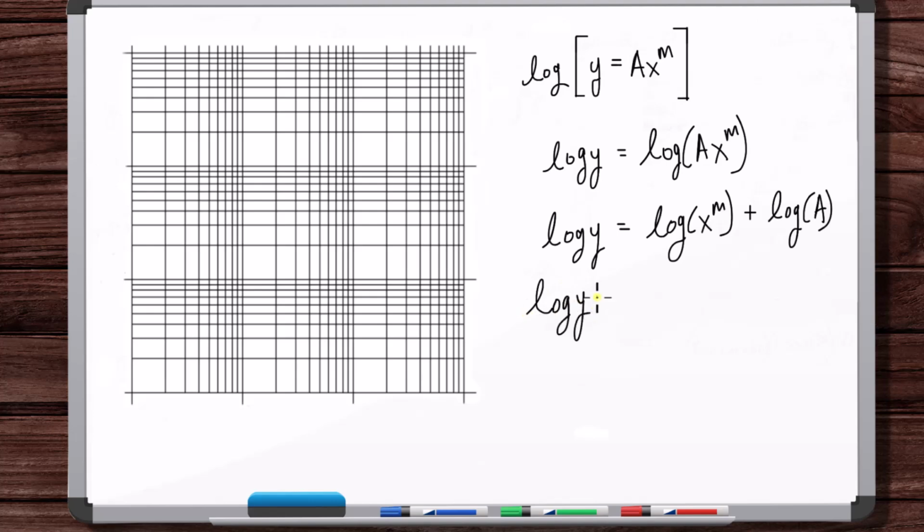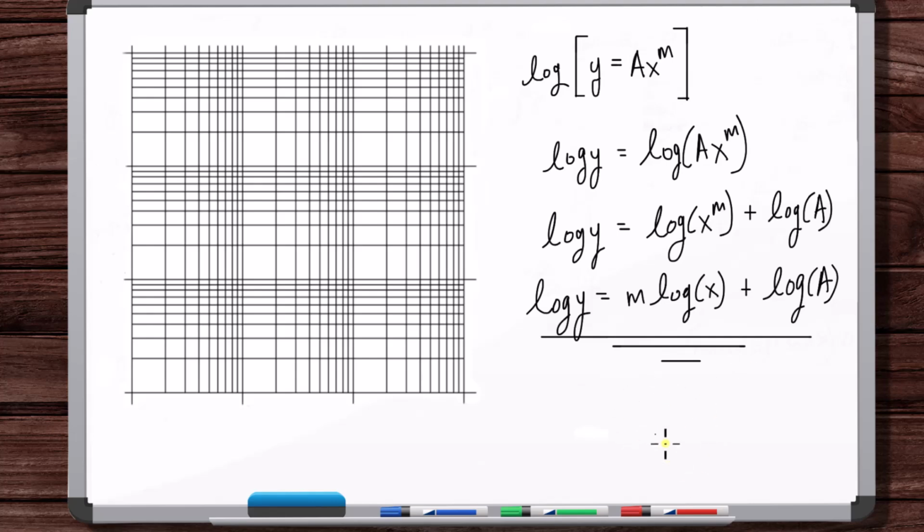Now we can use properties of logarithms to bring this m out front. Okay, so now there we go. If we plotted on just a linear plot, log of y versus log of x, that's going to come out to be a line, a line with slope m and y-intercept log of a.